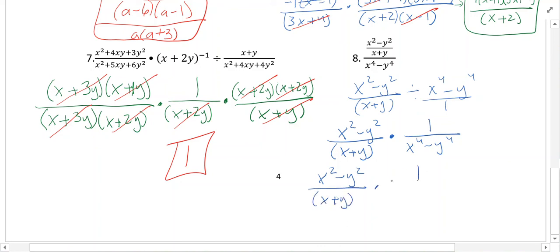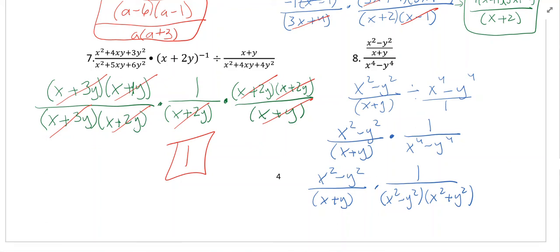And then here, it's going to factor out into x squared minus y squared and x squared plus y squared. So that's the reason I didn't simplify this even further, because I could already tell that it was going to be able to cancel out with something on the bottom. So I was just saving myself some time. You could have factored it completely. It just would have been an extra step.